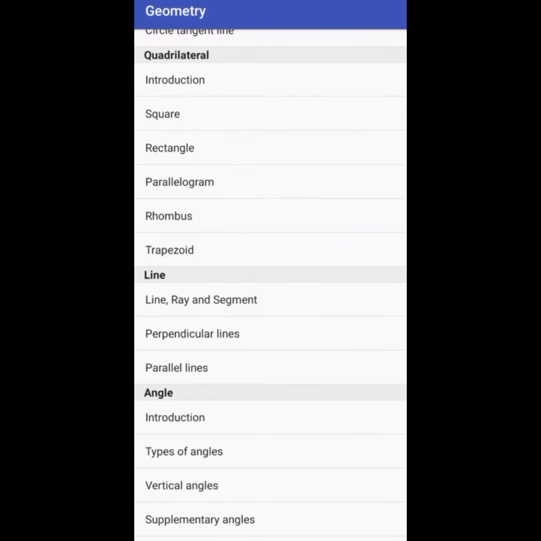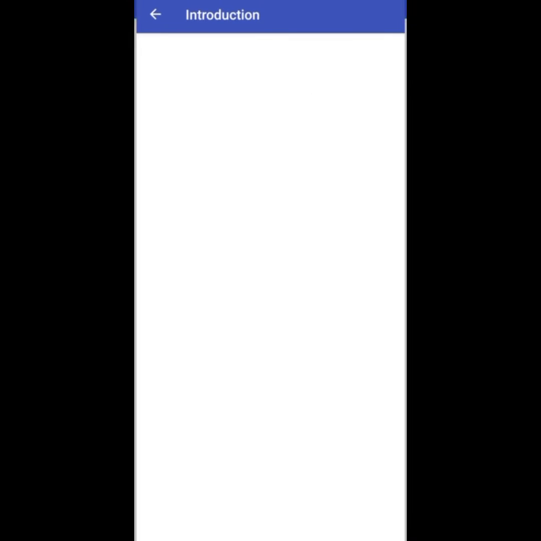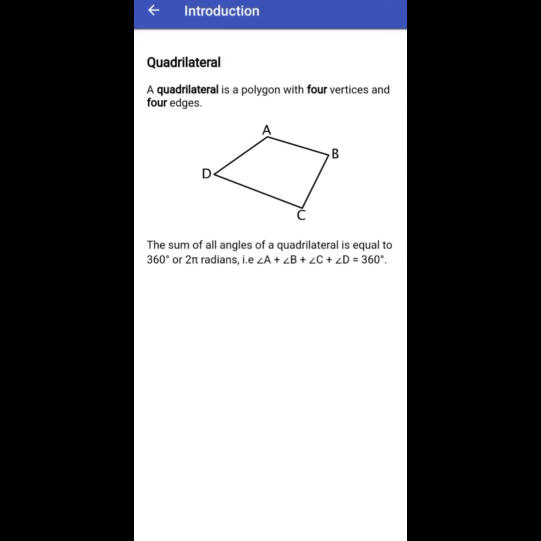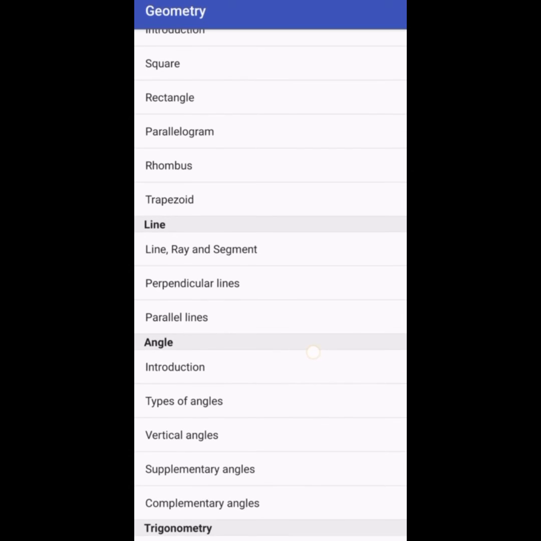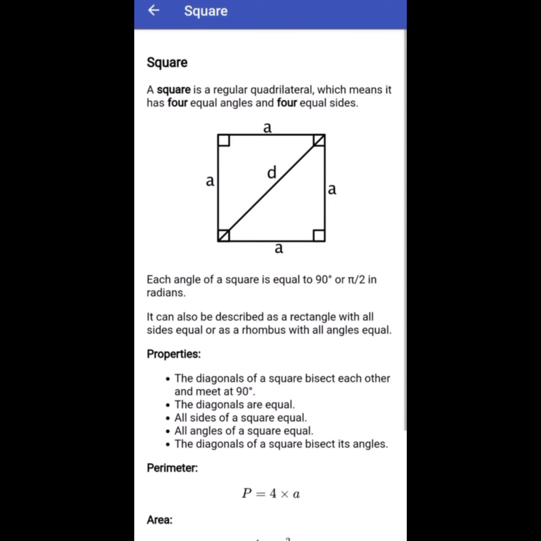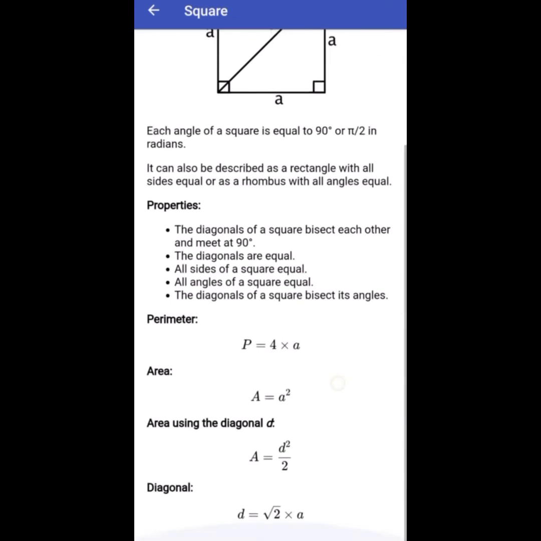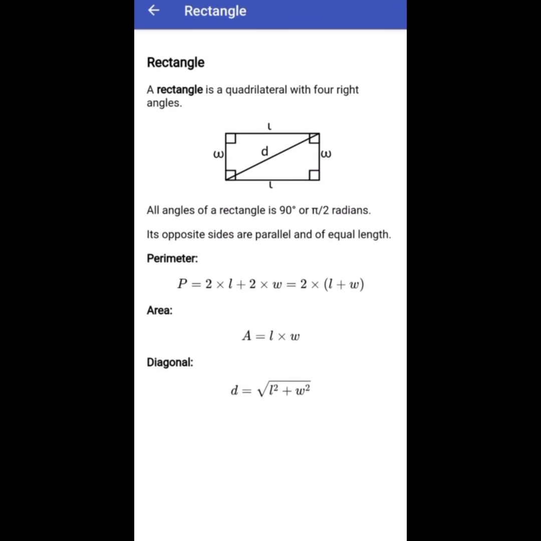So let's move on to the quadrilateral. Let's talk about its definition. A quadrilateral is a polygon with 4 vertices and 4 edges. Next is the square, which is a polygon. Then the rectangle is also a quadrilateral with 4 right angles.